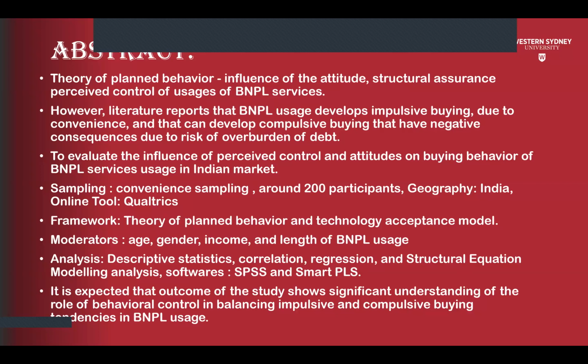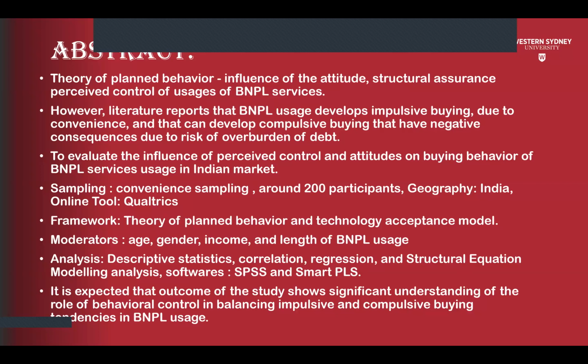For analysis, I'll be using descriptive statistics, correlation, regression, and structural equation modeling. And the software I'll be using is SPSS and Smart PLS. It is expected that the outcome of the study will show significant understanding of the role of behavioral control in balancing impulsive and compulsive buying tendencies in BNPL usage.